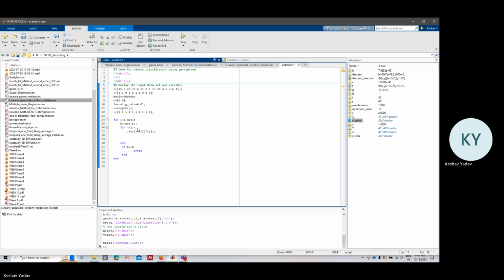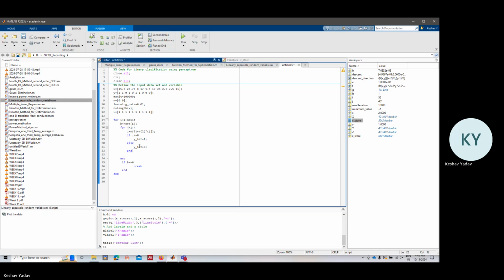Now if my Z is greater than or equal to 0, my Y hat will be 1, else Y hat will be equal to 0.